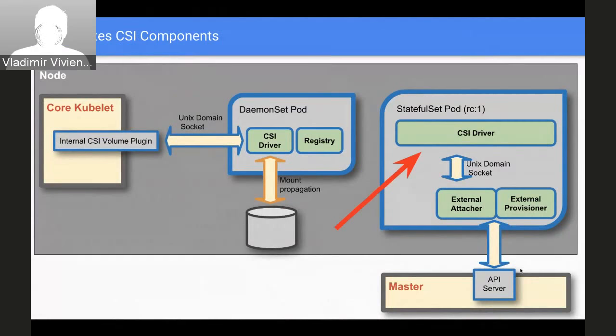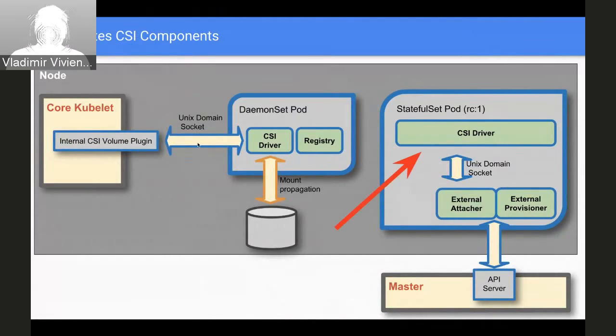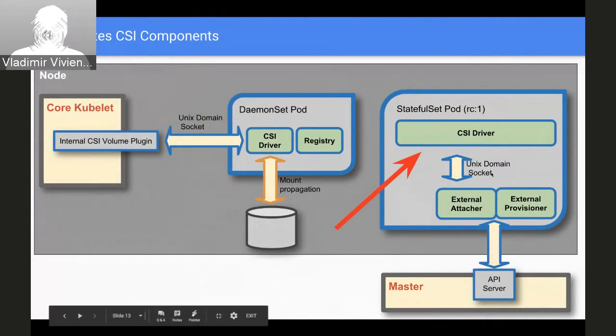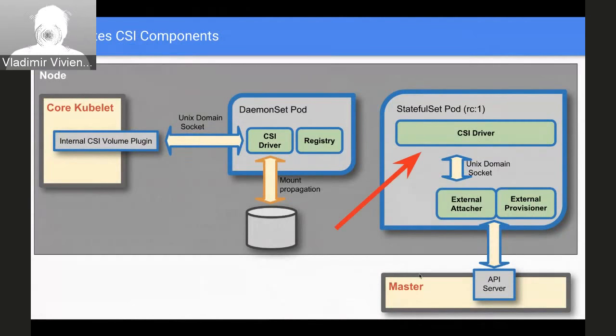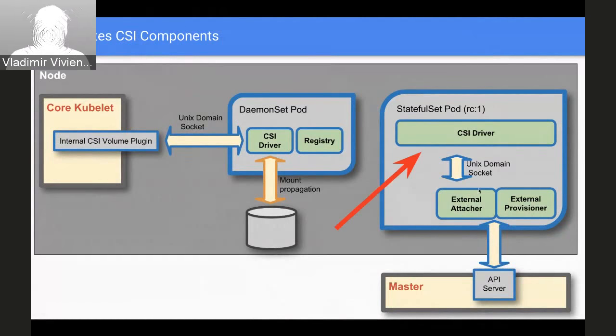And then down here, what we can see are the pieces where the driver communicates with Kubernetes over a socket. We have a Unix domain socket for the CSI driver to talk to the core kubelet here, and we have the same thing inside this piece here, where the CSI driver can talk to an external attacher and or an external provisioner, all over a Unix domain socket.